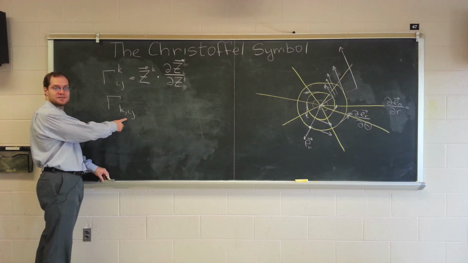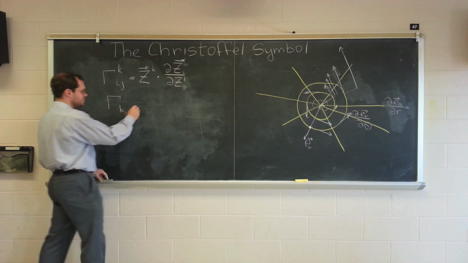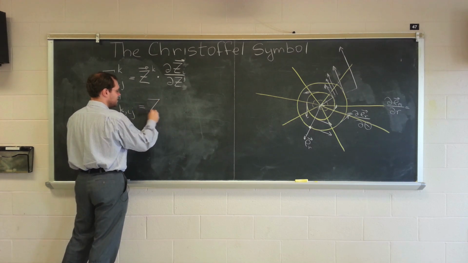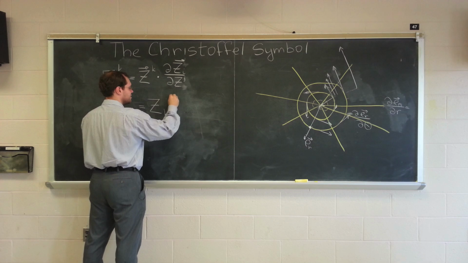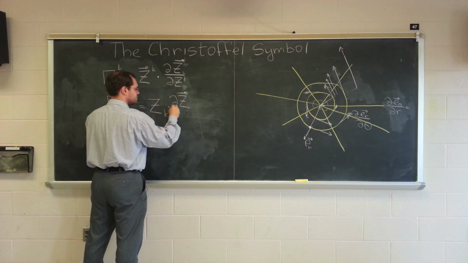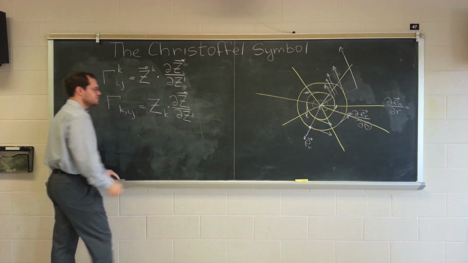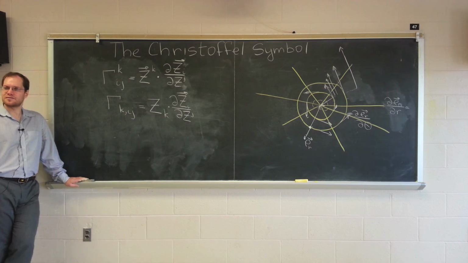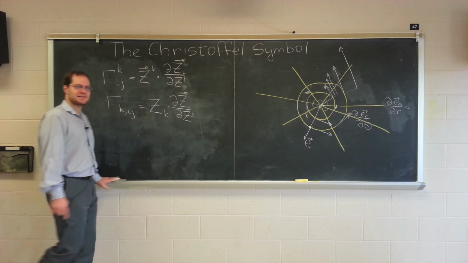So a comma here is not necessary as long as you remember, but I just like reminding myself with a comma. Well, you just have to dot it with a covariant index. dz^i, dz^j. There you go. Lowered index on the Christoffel symbol.